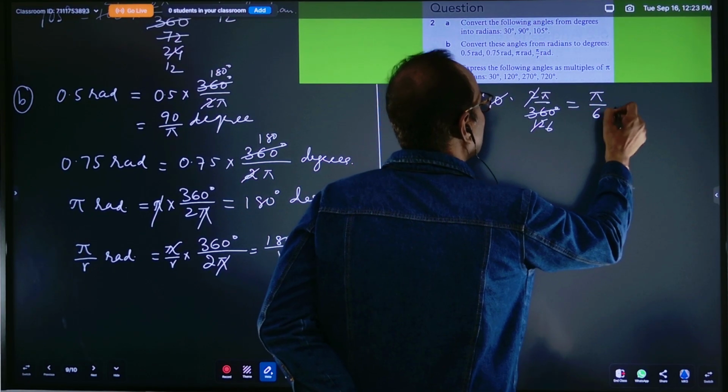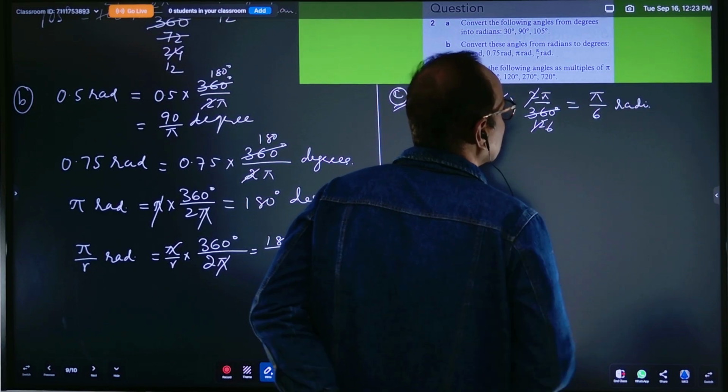So this is pi by 6 radians. This is what they want in the answer.